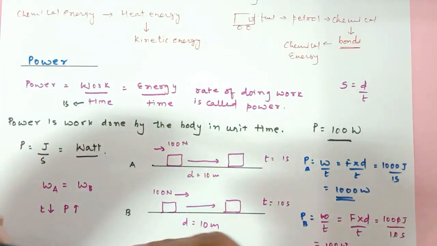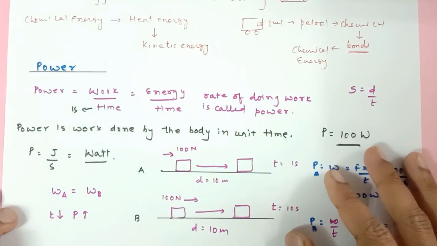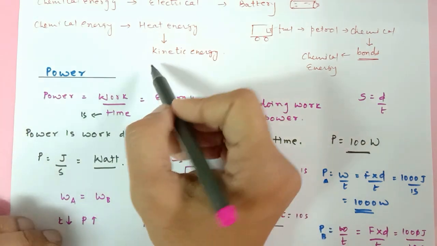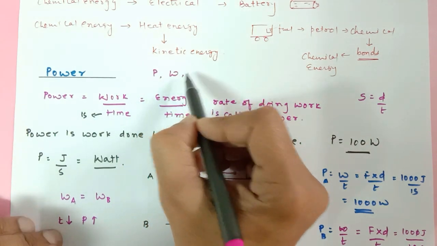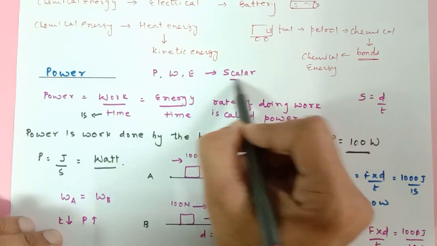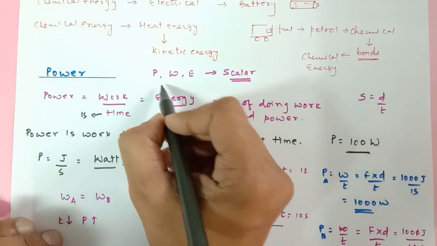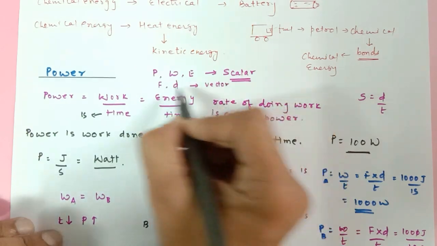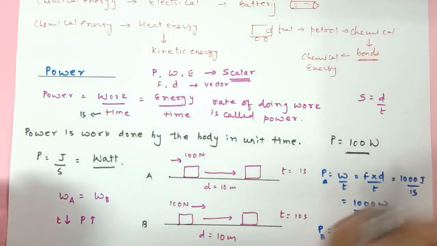Correct? So we have concluded the entire chapter. Hopefully you got it. And one last point: power, work, energy are all scalar quantities, whereas force and displacement are vector quantities. They have direction, these three don't have direction.